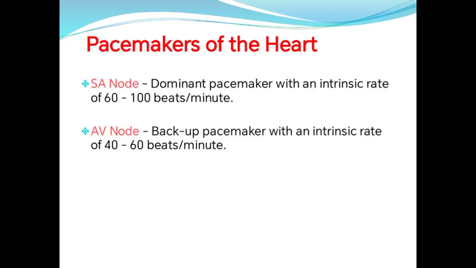The location of the SA node is in the right atrium, at the junction of the superior vena cava and the right atrium, from which it is the pacemaker of the heart. This is where the first discharge of the electrical current starts.